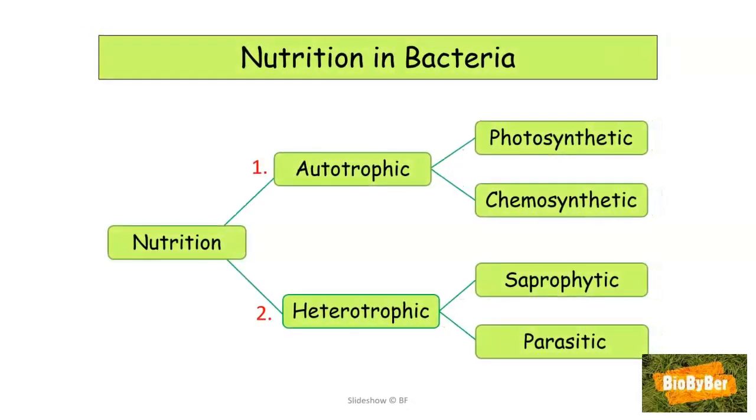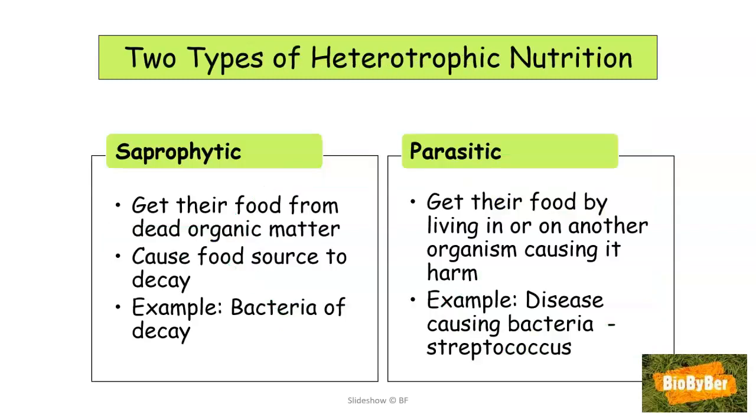Now, the two types of heterotrophic nutrition, as we've already said, are saprophytic and parasitic. Let's look at each of these in turn. Saprophytic bacteria get their food from dead organic matter. In other words, they feed on dead organisms. These organisms may be plants or animals.